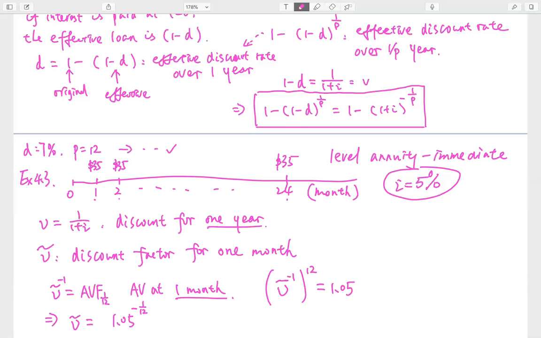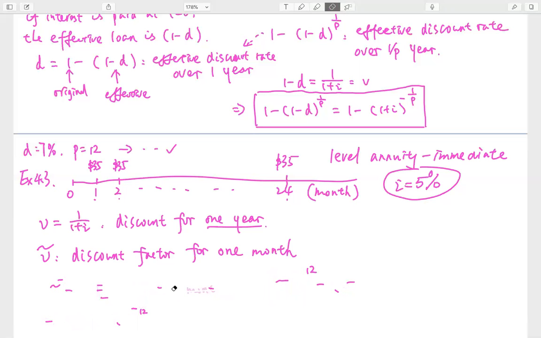If you don't like this, let's not do this, let's just use what we just derived, because we have everything.